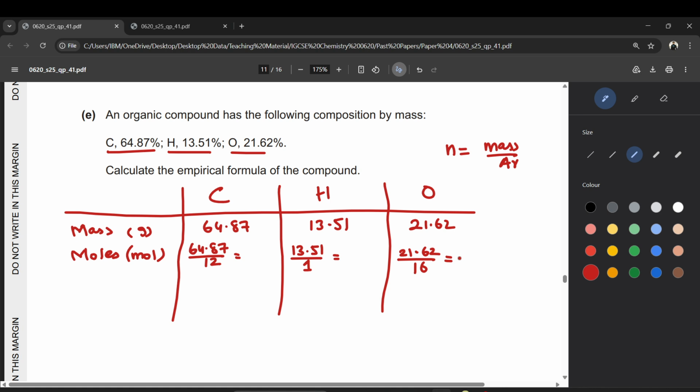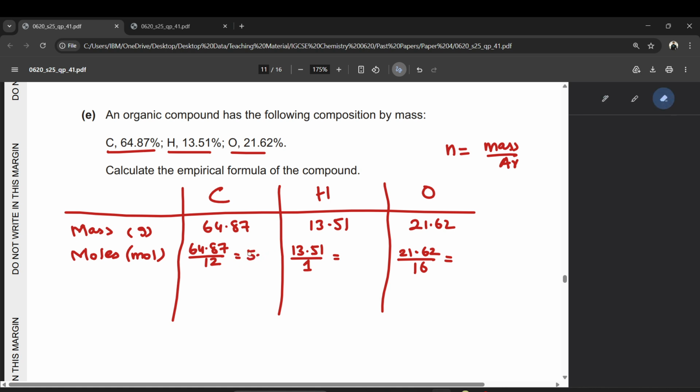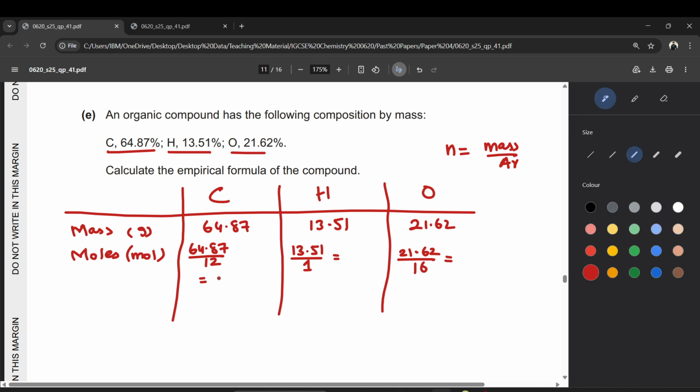Let me grab my calculator. 64.87 divided by 12 gives us 5.40583. Hydrogen is 13.51, and 21.62 divided by 16 gives us 1.35125.